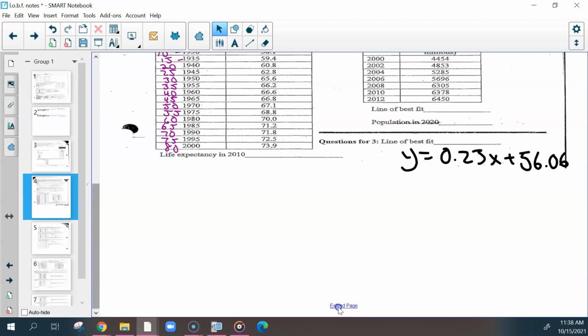And then to answer the other part, the life expectancy in 2010, we have to know what number this would be. So if 2000 was 80, 2010 would be 90. And we're going to make our calculators do that work because we want all the decimals in our calculator along with the 90.